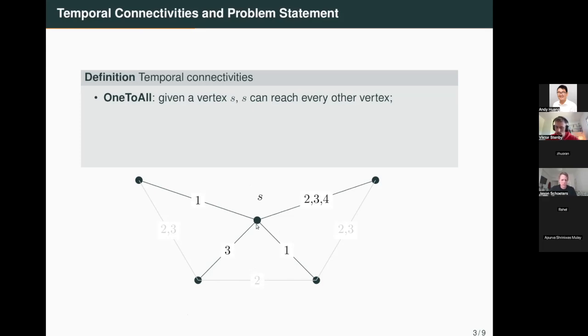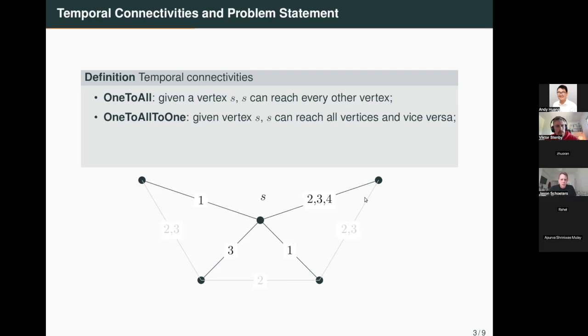And you can see that S can reach everyone through only these 4 edges. Here's another, different one. Since we're interested in enumerating at some point, I thought I might show some different ones. So again, S can reach everyone.